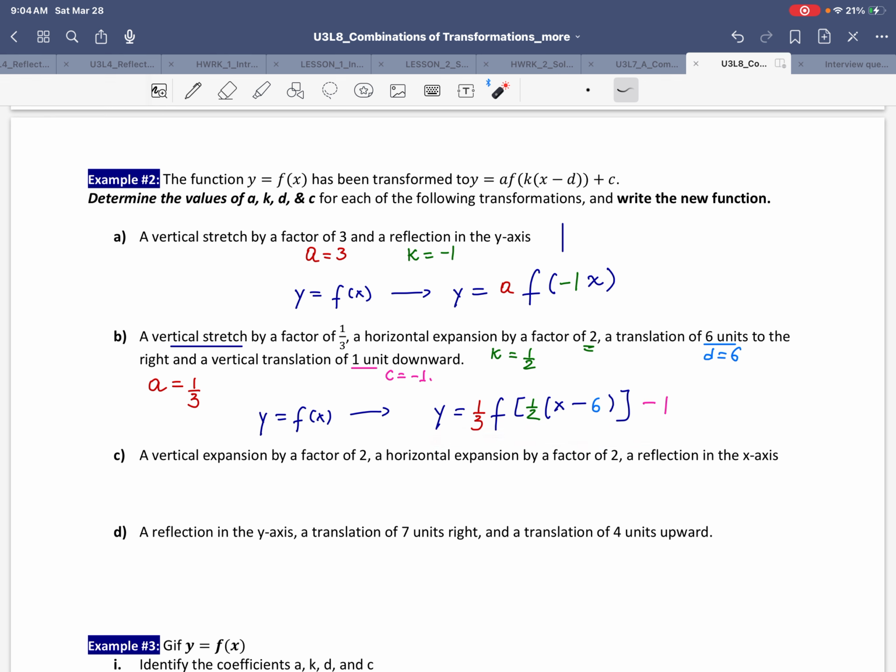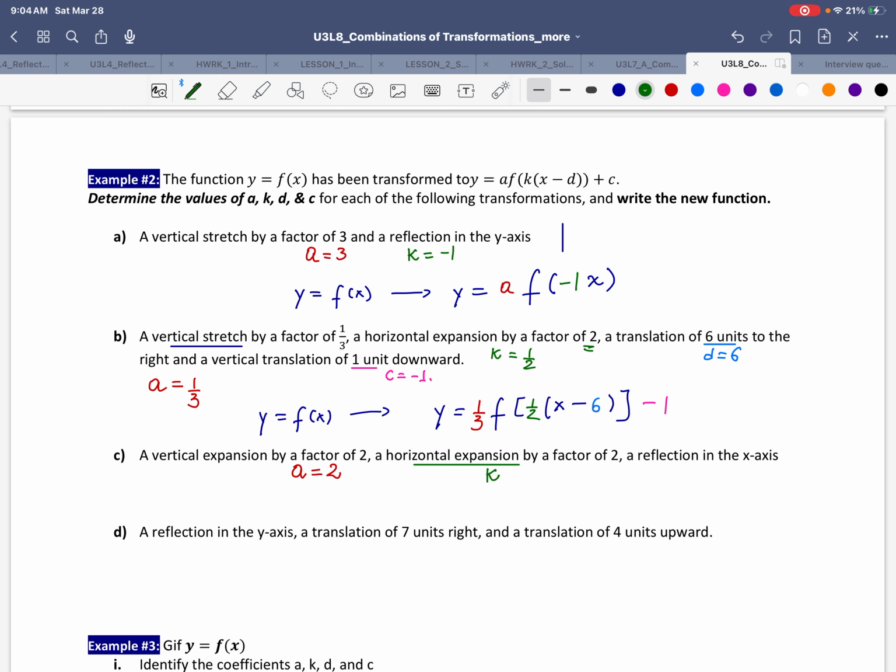Next, we have a vertical expansion by a factor of 2. So vertical expansion, that's a stretch, right? So we're going to have a working here, and a vertical expansion by a factor of 2 means that a must be 2. Horizontal expansion, so expansion is the key word here.